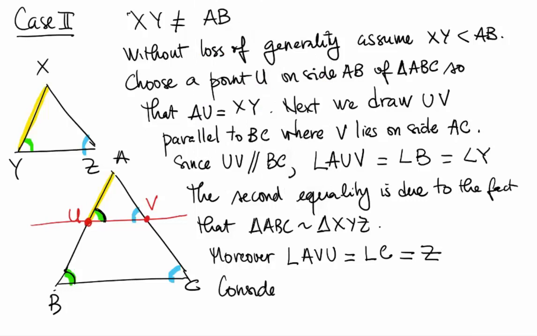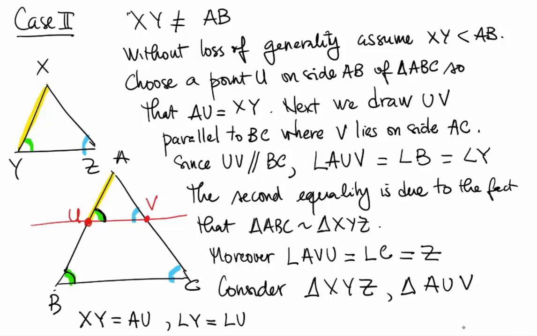If we consider triangle XYZ and triangle AUV, we see that XY is equal to AU, angle at Y is equal to angle at U, angle at Z is equal to angle at V. So by SAA, the triangle XYZ is actually congruent to the triangle AUV.